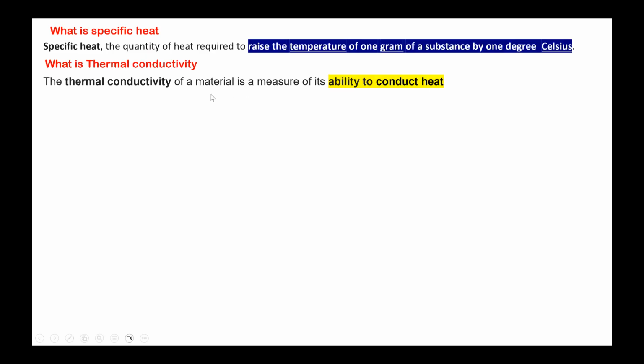So thermal conductivity of a material is a measure of its ability to conduct heat. If copper and iron both receive heat, which will conduct heat faster? If you keep a copper vessel as well as an iron vessel and heat them up, which will get heated faster? No idea?